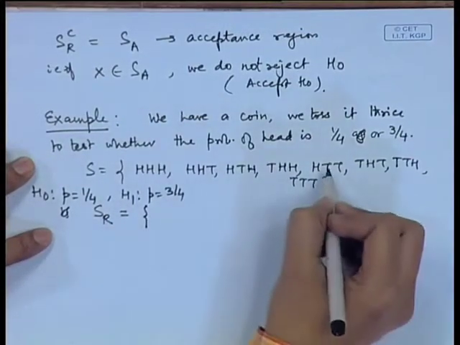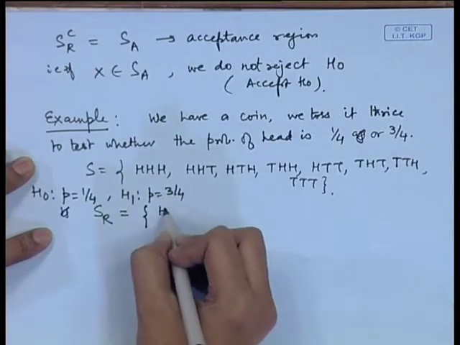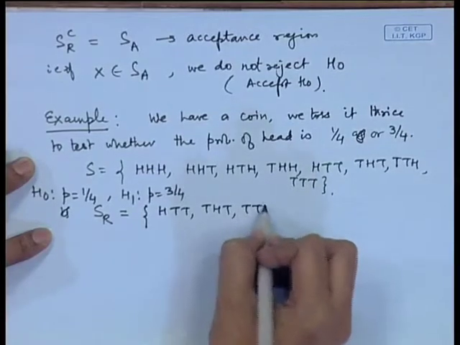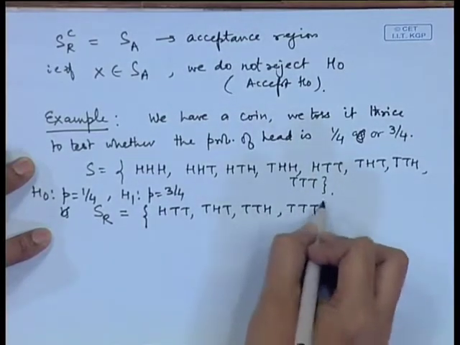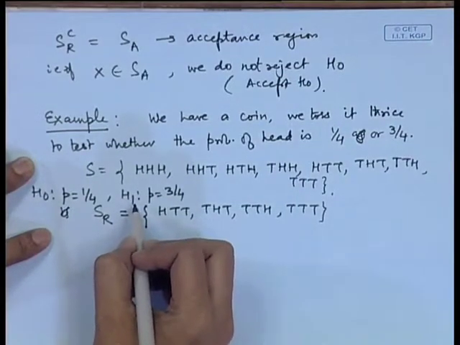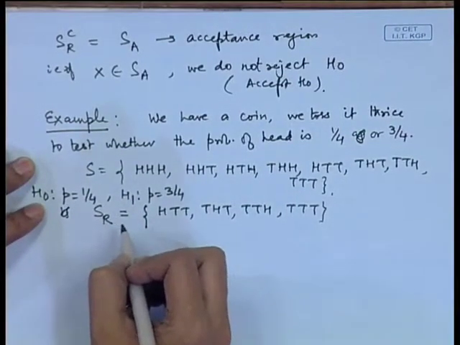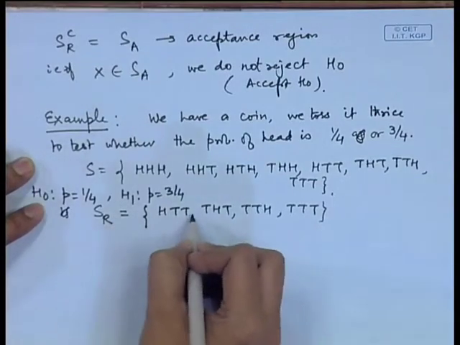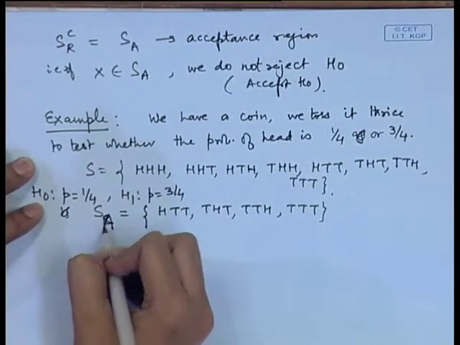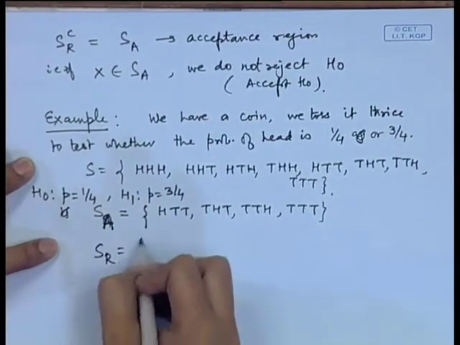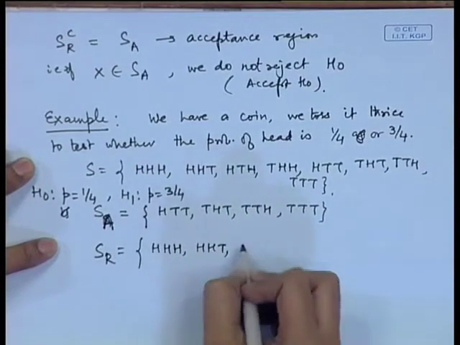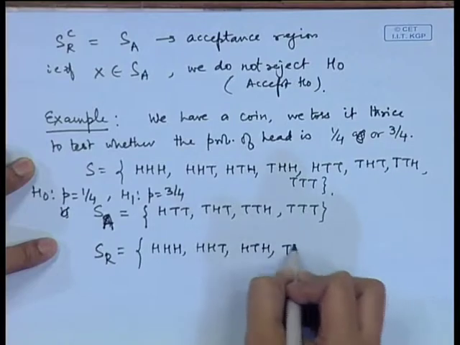So, if we consider one head or no head, that is H T T, T H T, T T H and T T T, that means more tails are appearing, then we consider that this means that head is having less probability. So, H naught is true. So, this will be acceptance region and the complement of this could be H H H, H H T, H T H, T H H.